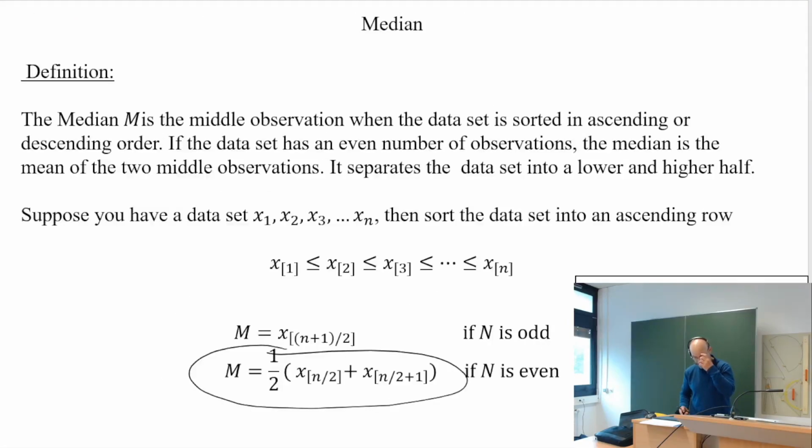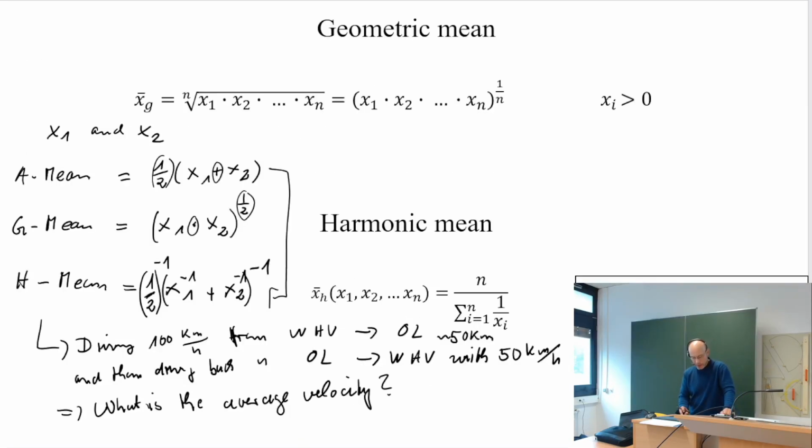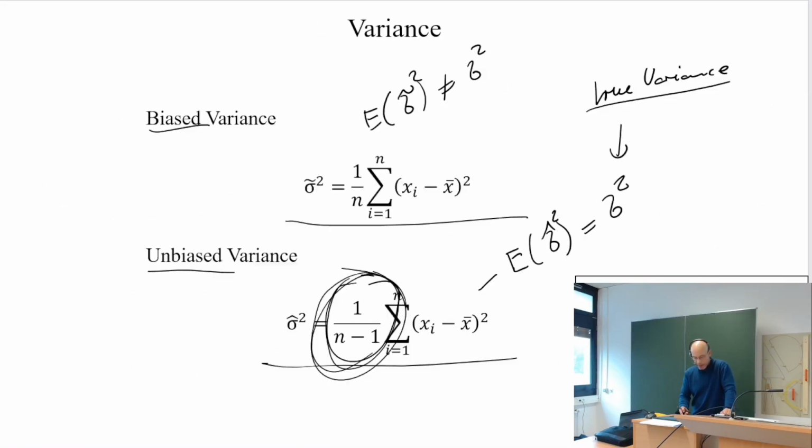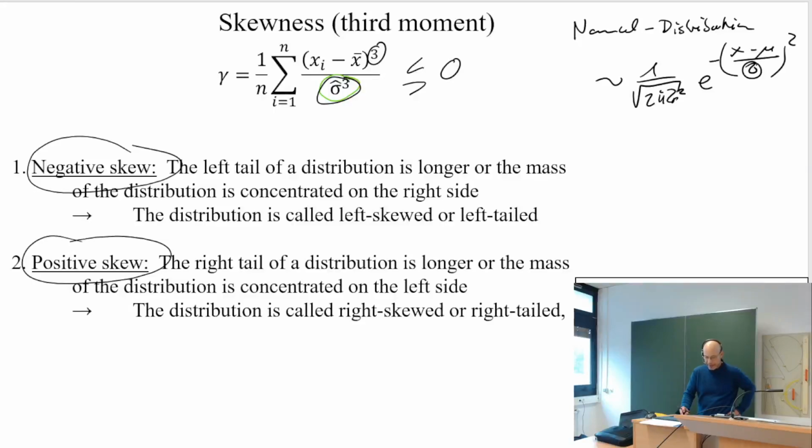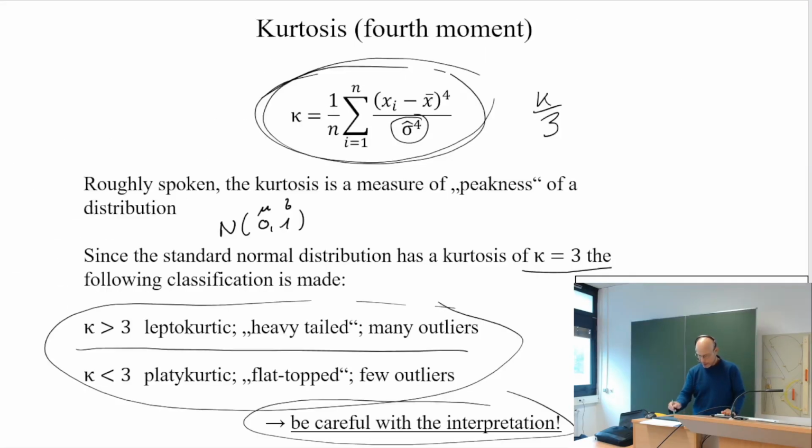And then we also calculated some further parameters in order to describe a distribution, and this was skewness and kurtosis. And today, as a revision, we will do a short exercise, just redo our calculations with some other examples.